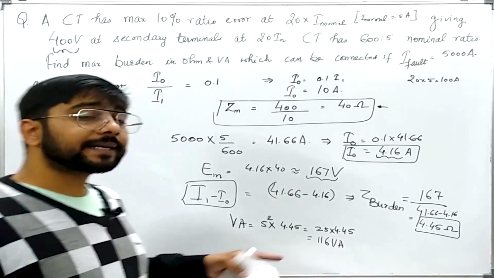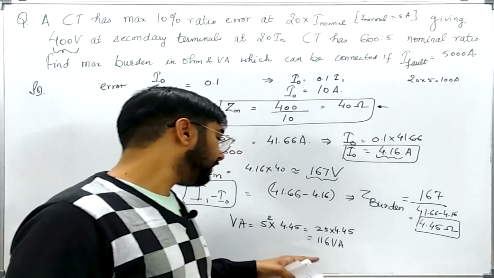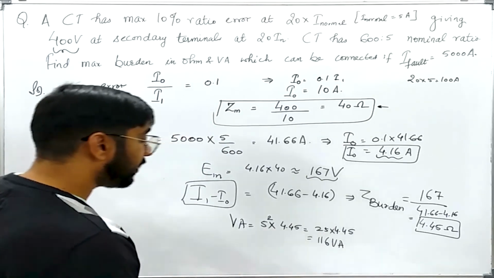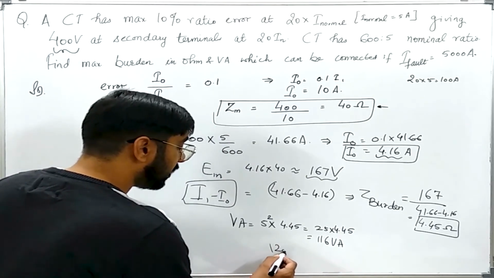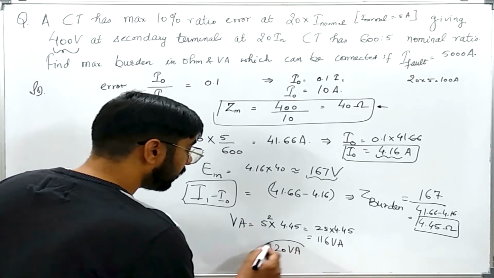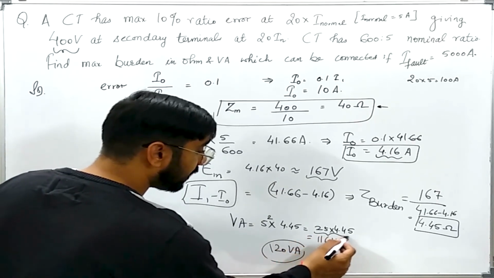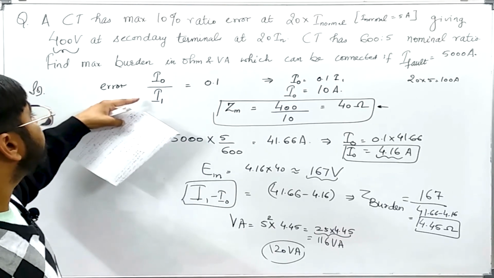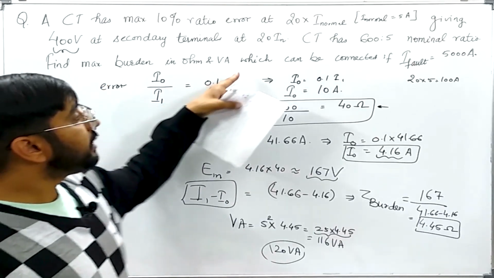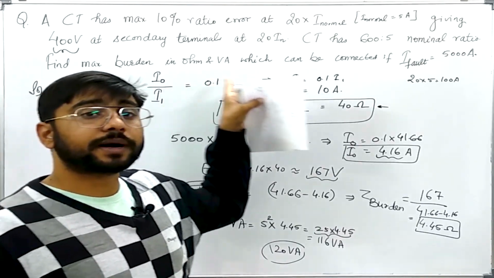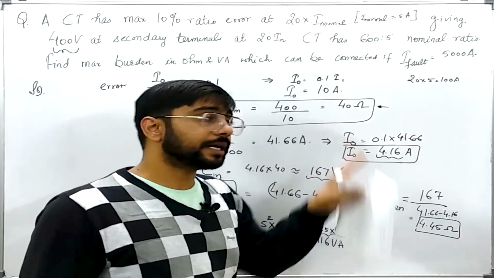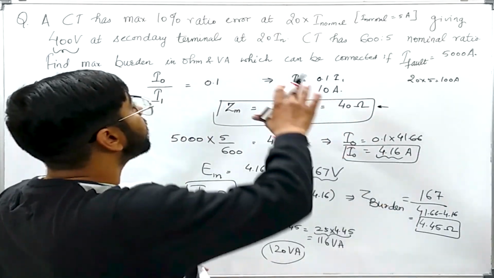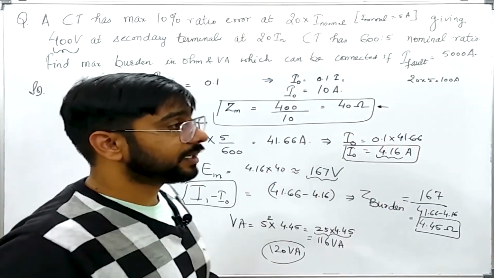So to select the CT, we will see the CT having approximate rated burden of at least 120 volt ampere, if this multiplication is correct. Now in this way we can find the maximum possible value of burden that could be connected to get good results, by just seeing these characteristics.